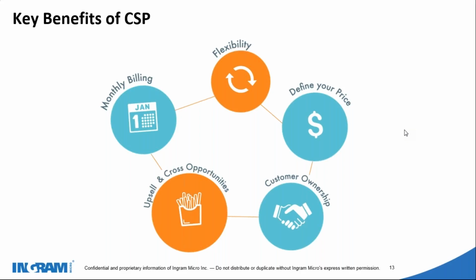Under CSP, today, if you have 100 users, and tomorrow an end customer wants to fire 20 people or delete 20 users, they can do that instantly. They will be charged on pro rata calculation. So let's say on the 25th of the month, instead of adding 10 users, they wanted to delete 10 users, then they can delete it and they will be charged only till the 25th, only till the cancellation is achieved.